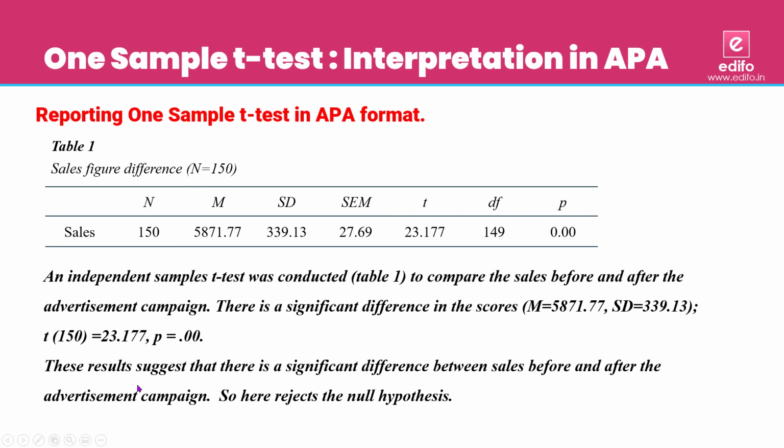Then these results suggest that there is a significant difference between sales before and after advertisement campaign. So here rejects the null hypothesis. This way you can conclude your interpretation. This is the standard APA format for reporting one sample t-test.